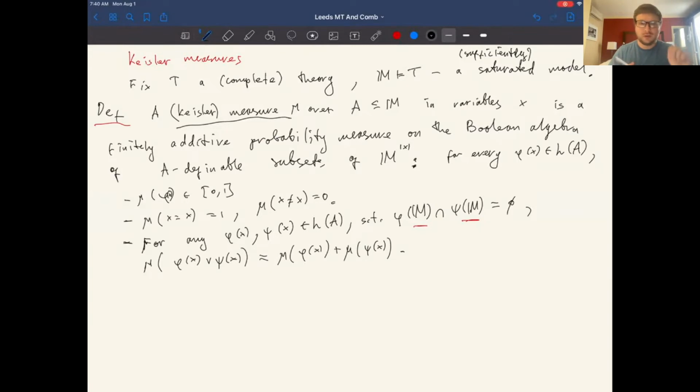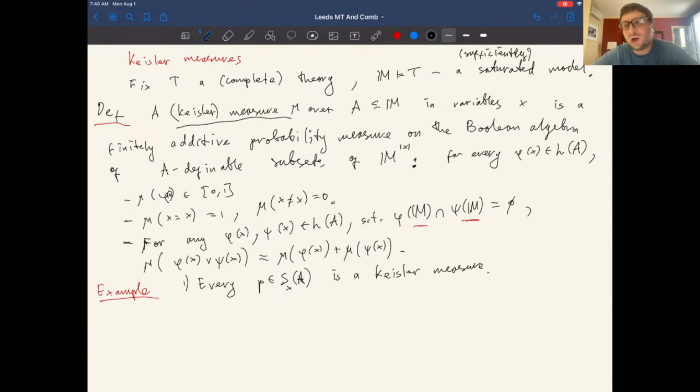So let's begin with a couple of examples of Keisler measures. The very first example for a model theorist, I guess, is that every type is a Keisler measure. So every type p with parameters in A and variable x is a Keisler measure.